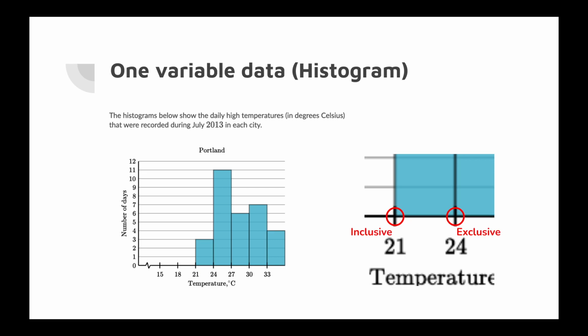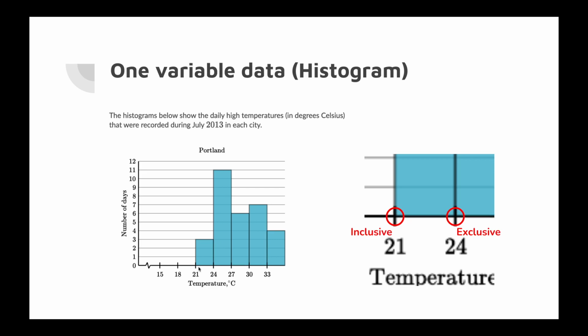However, we should not include the number that is not on the right side. So I want you to pause the video and think what this portion of the graph represents, or what is the meaning of this little graph.